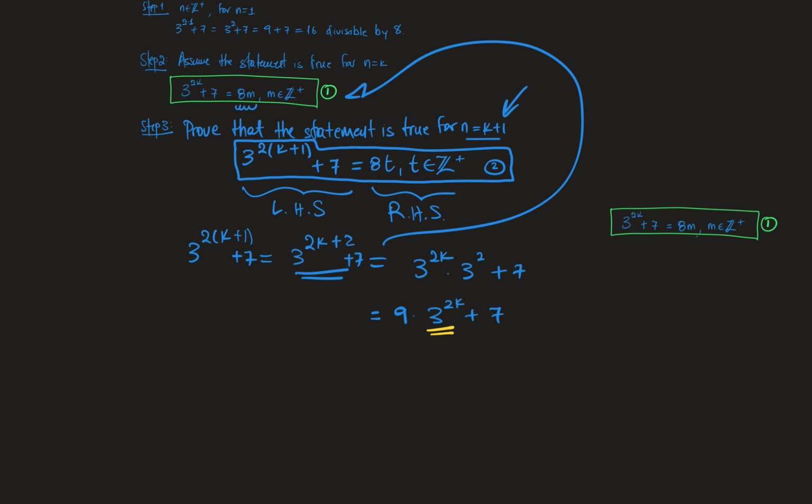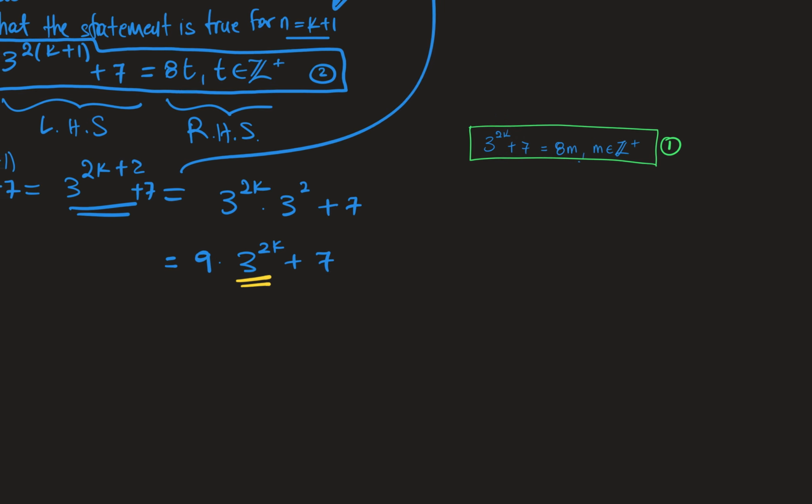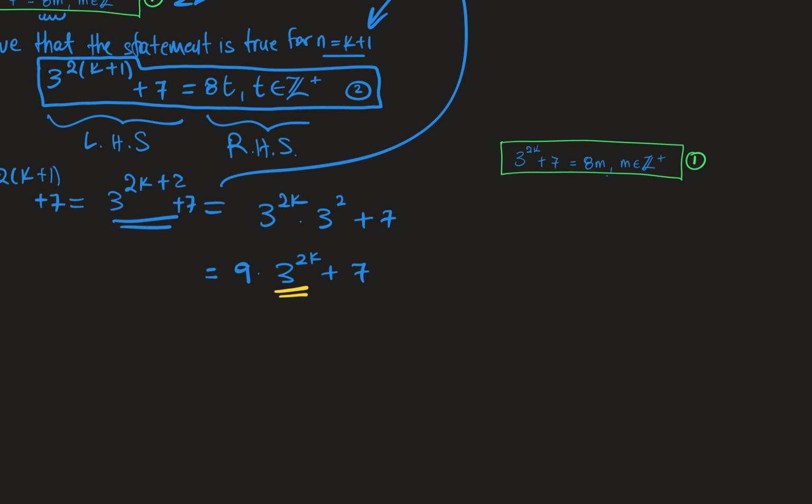Now this is a point where I'm going to need a bit of algebra trickery, because I already have the 3 to the power of 2k in front of me, and here I just copy and pasted relationship number 1 that includes the 3 to the power of k. So what am I going to do? I'm going to make the 3 to the power of 2k the subject of relationship number 1.